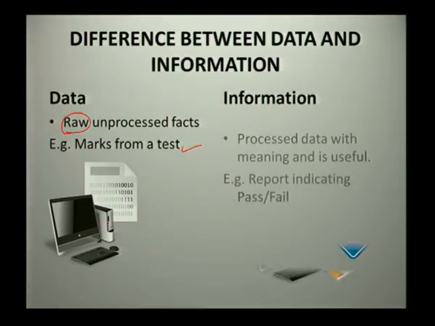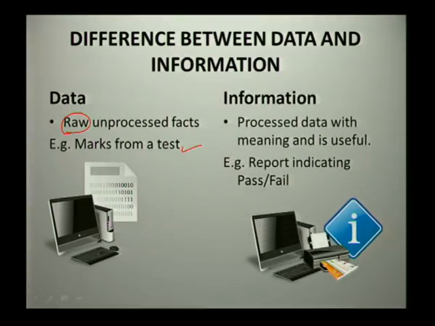Information is processed data with meaning and is useful. Now, take note of processed. What happens after you have entered your marks into a system? They get processed and then you get your output. Same with data as well as information. Data is when you've just entered your data.